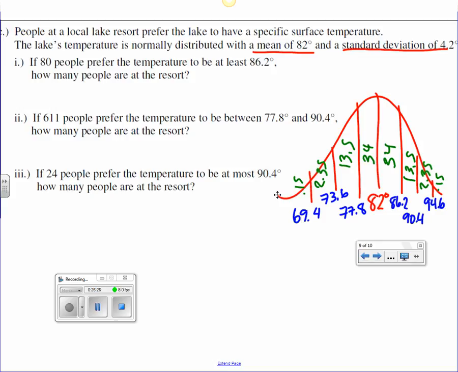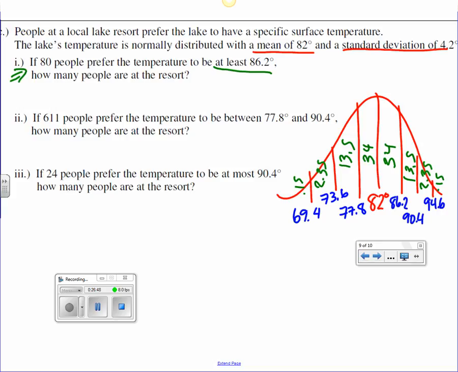Okay, this one has a twist, but you still start it the exact same way. If 80 people prefer the temperature to be at least 86.2, how many people are at the resort? So let's start with this. At least 86.2. What does at least mean?